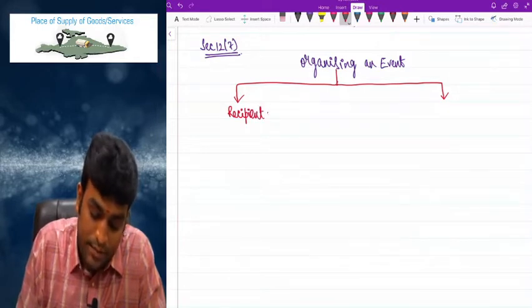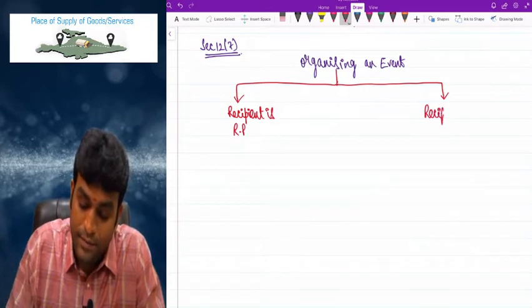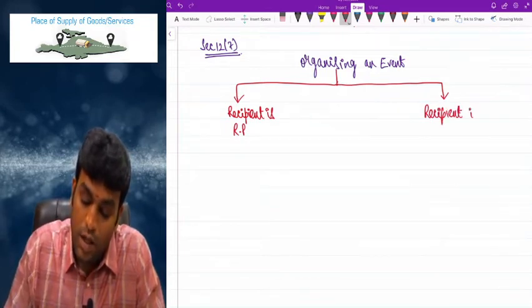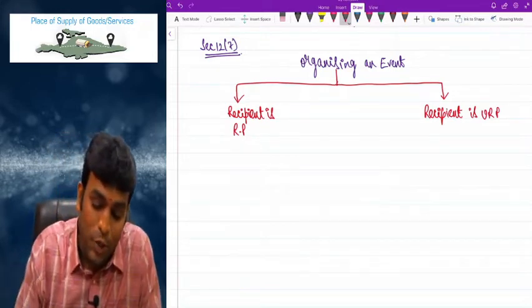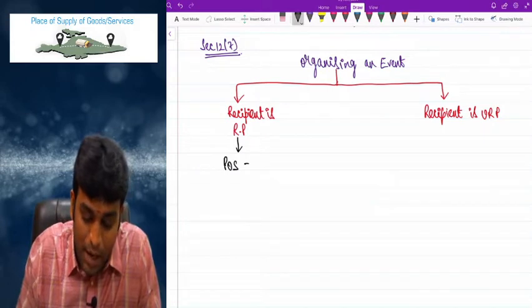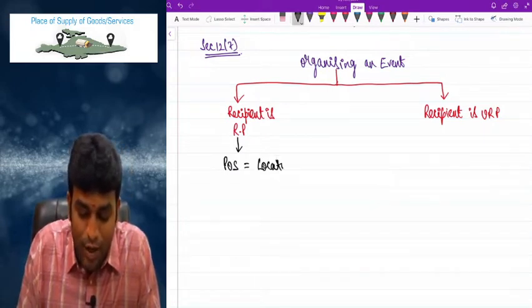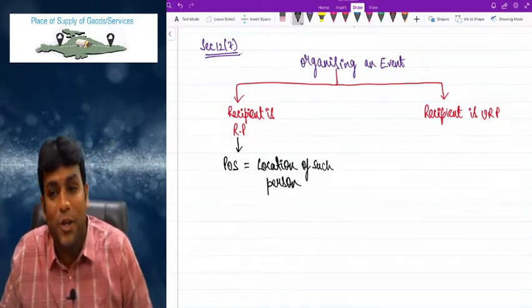Recipient is a registered person, and recipient is an unregistered person. Now what does the law say? If the recipient is a registered person, place of supply is obviously the location of such person. That means wherever he is registered, that becomes the place of supply.